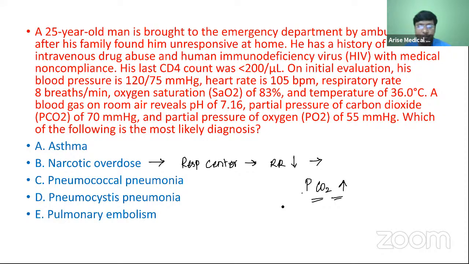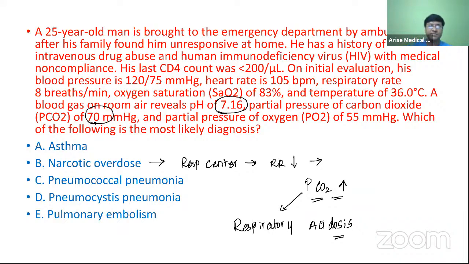Once the partial pressure of carbon dioxide is increased, the individual develops respiratory acidosis. So pH 7.16 and PCO2 of 70 millimeters of mercury. 7.16 is an acidotic pH, and 70 carbon dioxide is your hypercapnia.